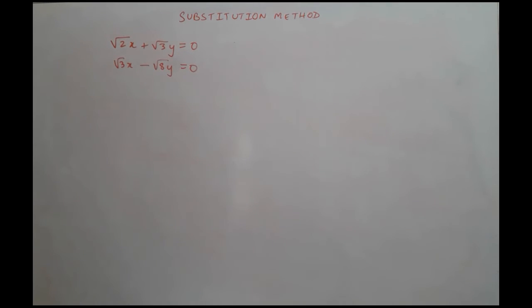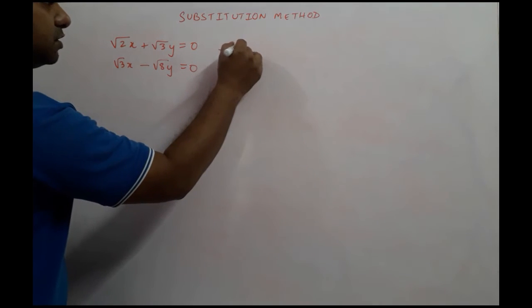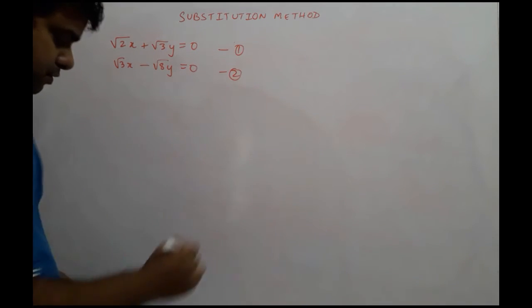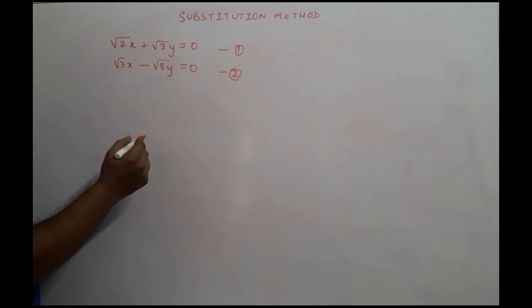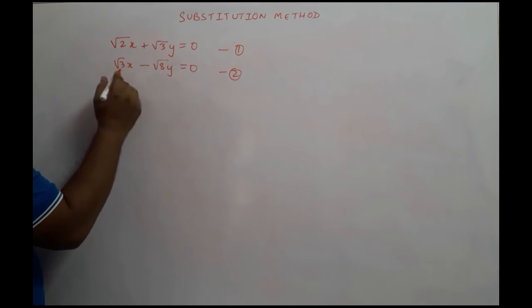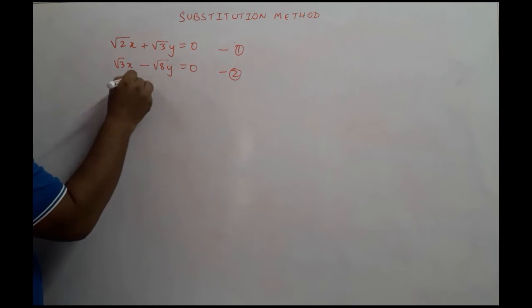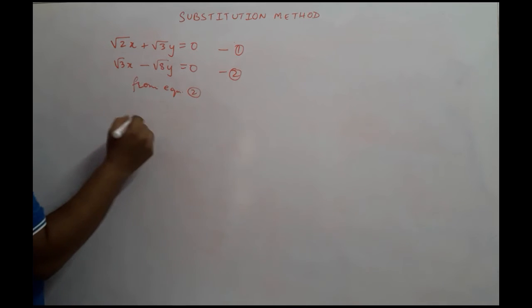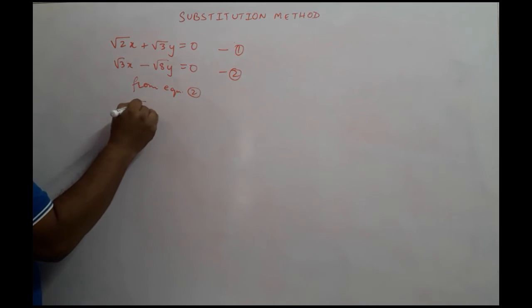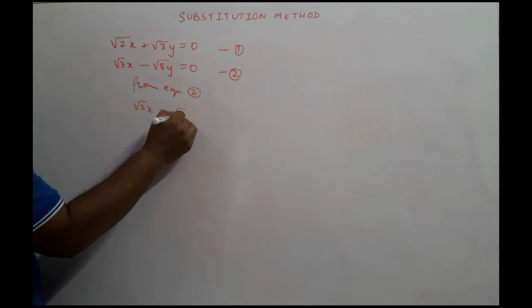Our next problem is root 2x plus root 3y equal to 0 and root 3x minus root 8y equal to 0. We mark these as equation 1 and 2. Now what we need to do is take one of these and substitute. From equation 2 we get root 3x equal to root 8y.